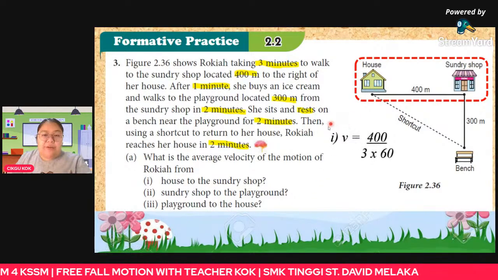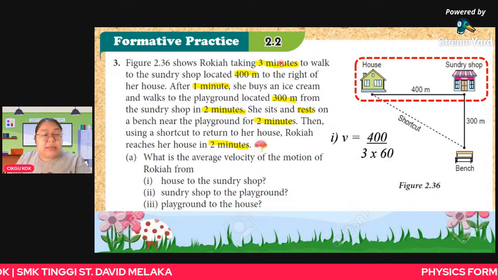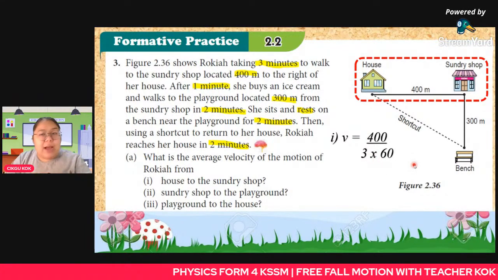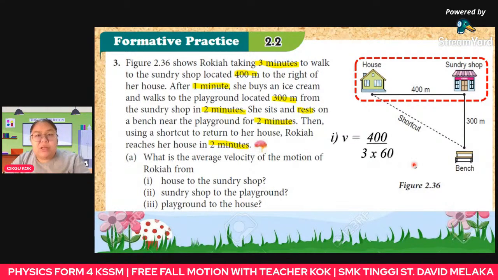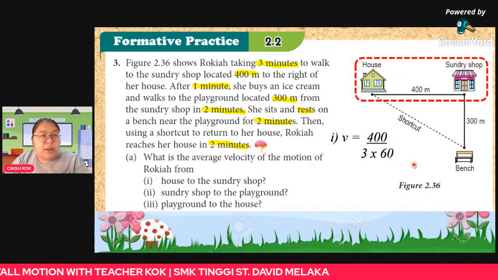The average velocity means the distance should be 400. Time taken, they say 3 minutes. Help me to convert, becomes 3 times 60. So what is the final average velocity from the house to the sundry shop?